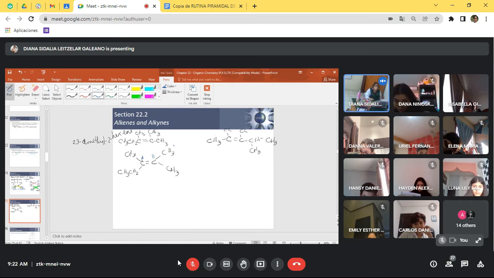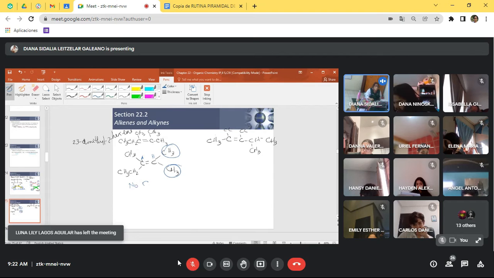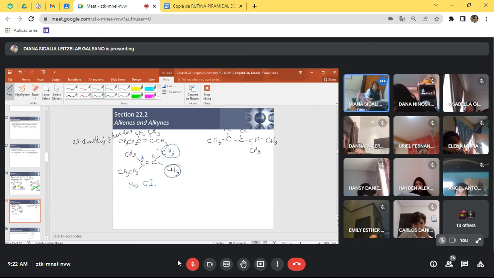B. In B, correct. So no geometrical isomer. Why? Because in one of the carbons of the double bond, the substitute is identical. So that makes it not a geometrical isomer.